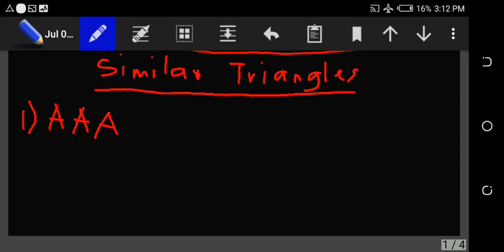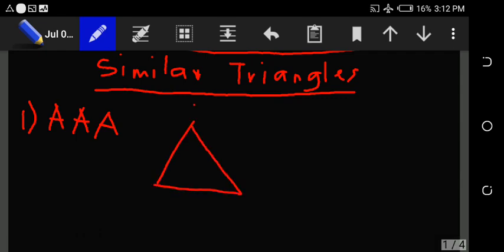In other words, if you have two triangles, say for instance triangle A, B, and C, and you have another triangle, let's call this one D, E, F, these two triangles can be said to be similar or congruent triangles if all their angles are equal.